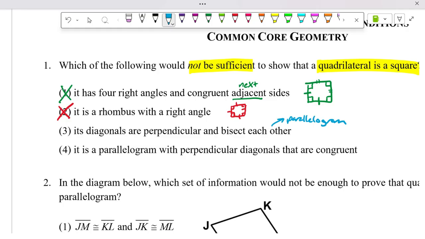Where does the perpendicular come from? The perpendicular comes from the rhombus. Now let me ask you this. Is that enough information to show that it's a square? If we just base it off the diagonals alone, we don't know anything else about the sides. No. Why?